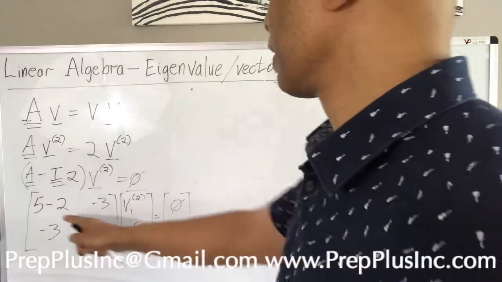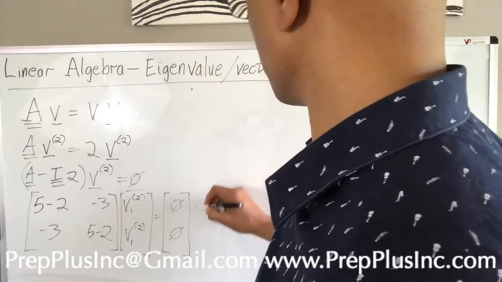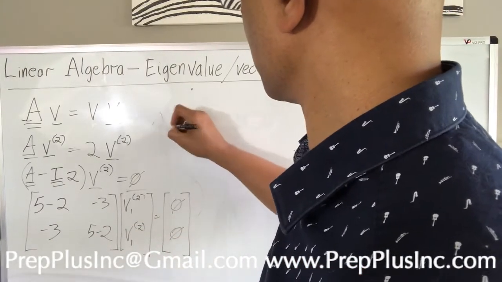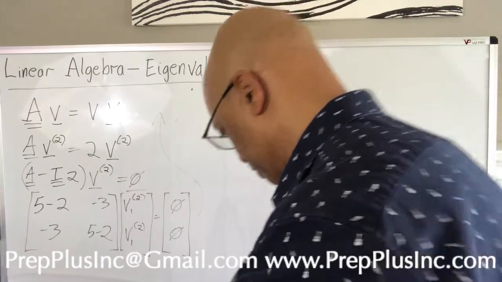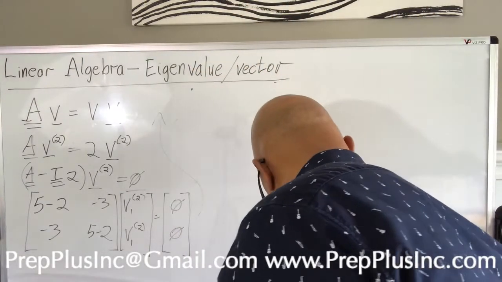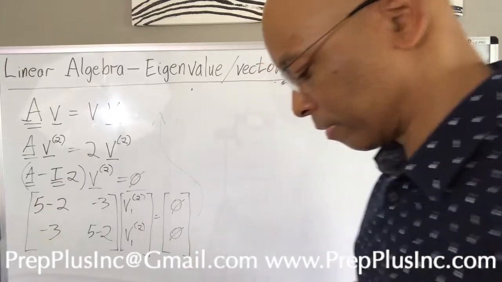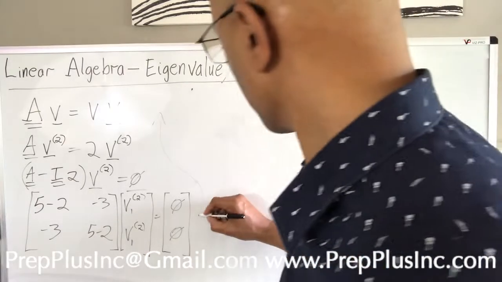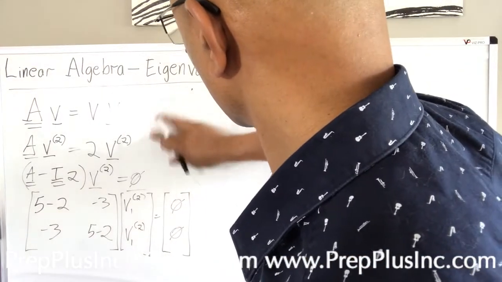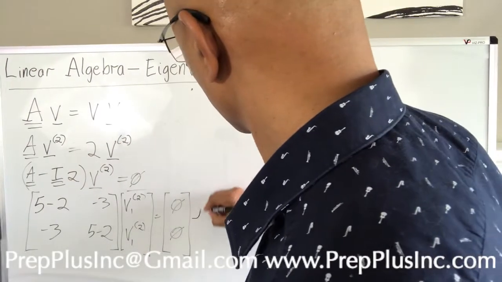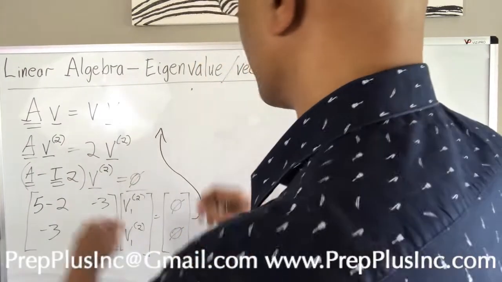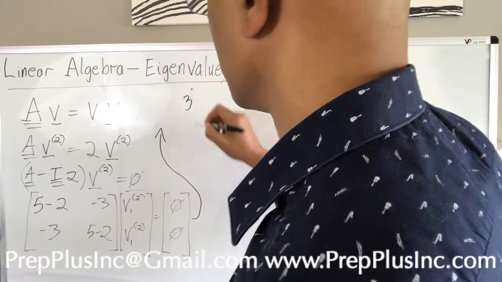So this is 5 minus 2 is 3, so we're going up to here. 5 minus 2 is 3.